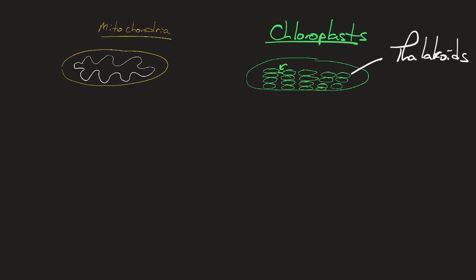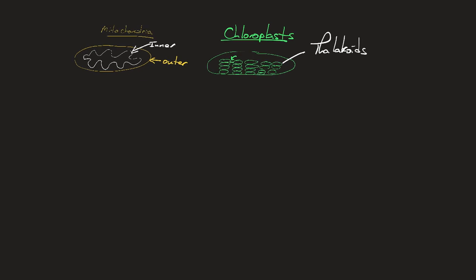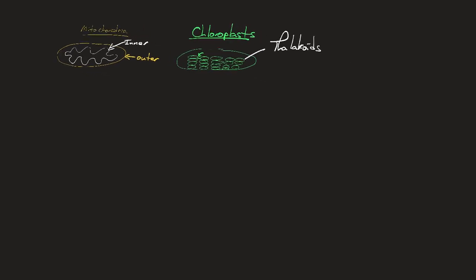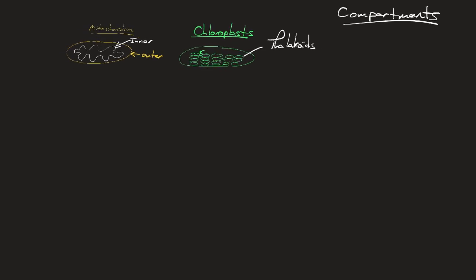These are just 2 membranes, an inner and outer. So that would be the inner. And then that's, of course, the outer. Then there's a matrix in between. So these are creating compartments. That's important because that's an important concept in biology, that you create these compartments or places where things can happen in a cell.